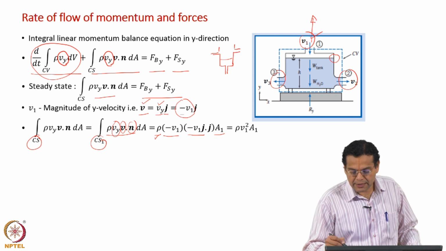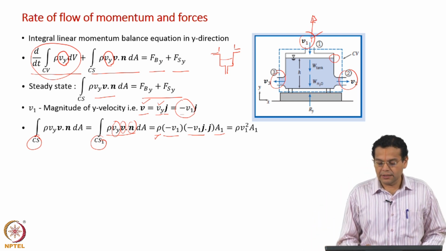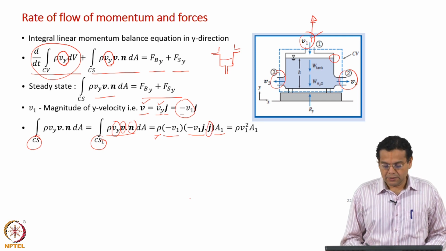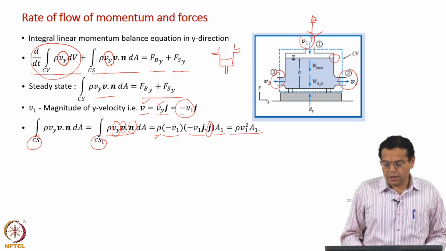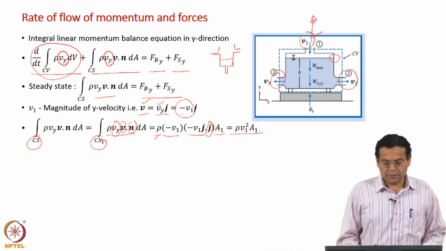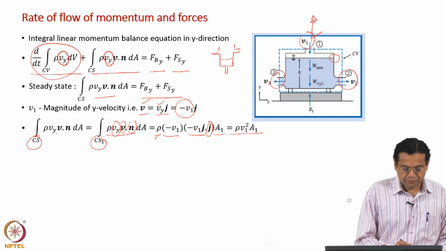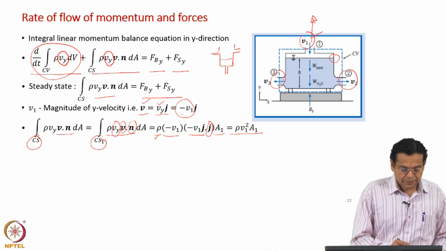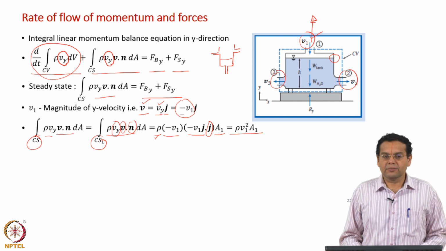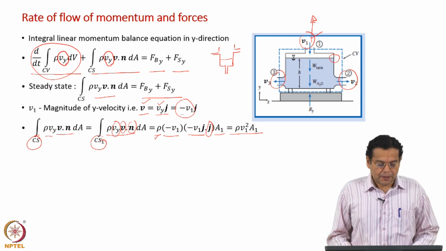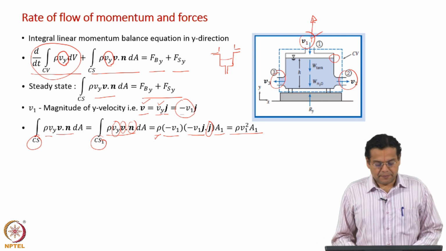So it is in this direction, along the positive y axis, and hence it is j vector. If you simplify, you get rho V 1 squared A 1, and it is positive because V dot n is negative, it is an inflow, and V y is also negative.